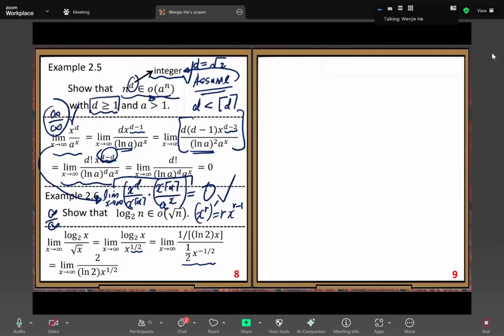The good thing is the denominator has a variable part, x to the 1/2, root of x. It goes to infinity, so the whole fraction goes to 0. So the limit is 0.